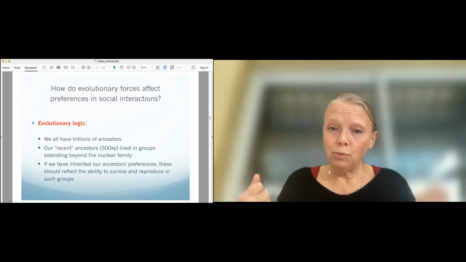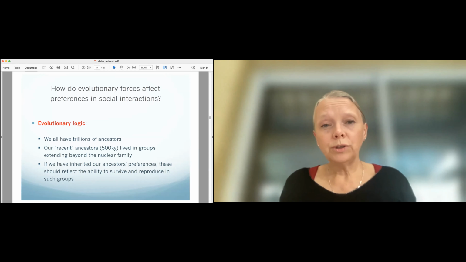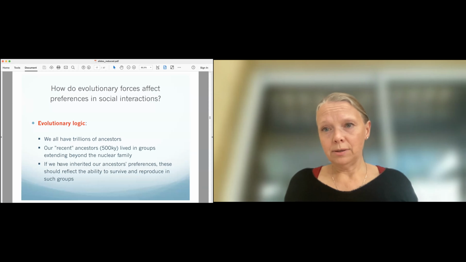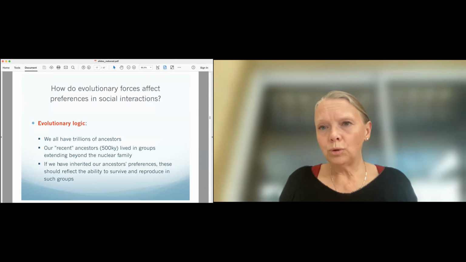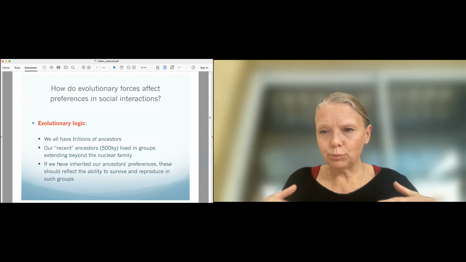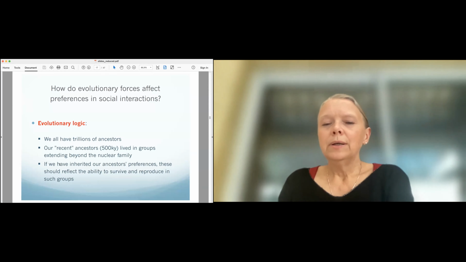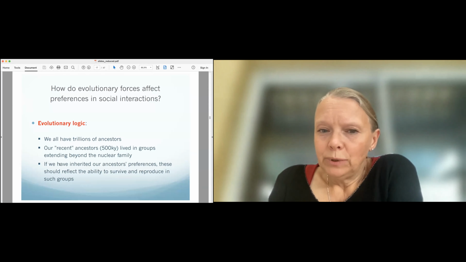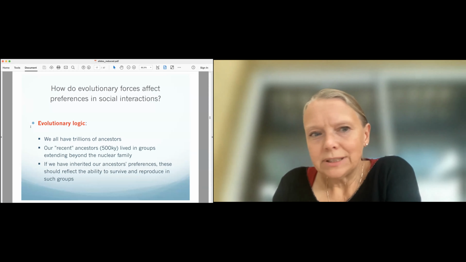We have been equipped with preferences that allow us to do so, because those who were not equipped with such preferences were less able to survive. It's a kind of revealed preference argument at the level of evolution. That's the simple idea that we're going to use to build this theory of the evolution of preferences.